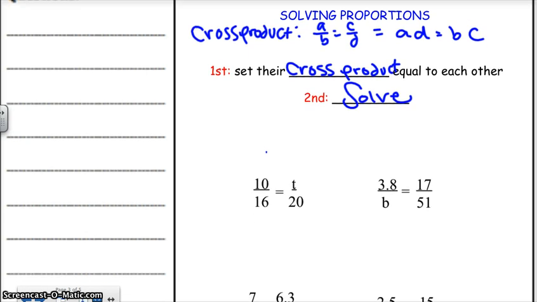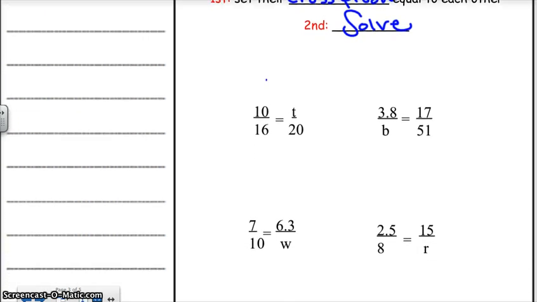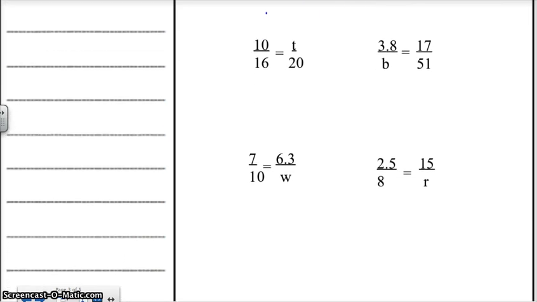Okay, first example, and it's very important that you set it up this way. I really need you to set it up this way because tomorrow's lesson is going to be much more difficult, and you need to be comfortable with setting up cross products. So, to solve this proportion, I usually always do the variable side first.